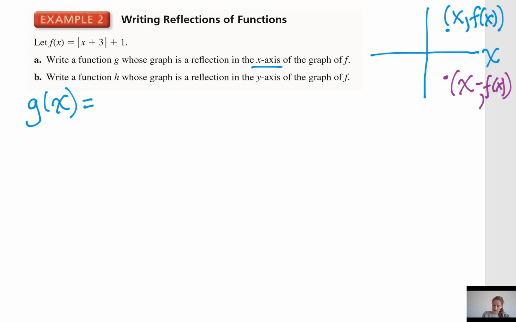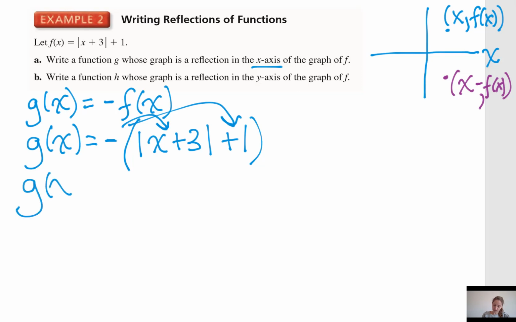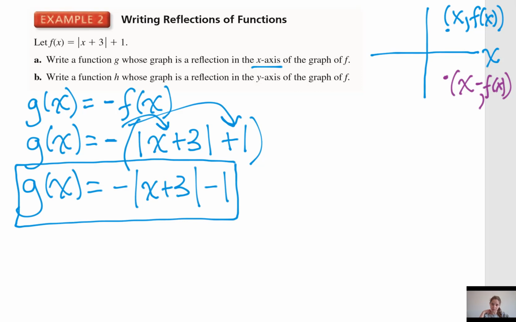So I can write that this is the negation of f of x. Therefore, g of x equals negative, and let me copy down the function, the absolute value of x plus 3 plus 1. I distribute that negative sign. So now I have g of x equals negative the absolute value of x plus 3 minus 1. I can stop there. That is a reflection of f of x in the x-axis.